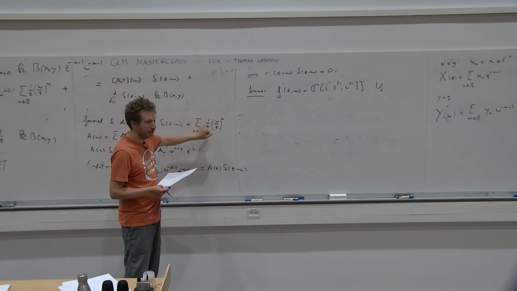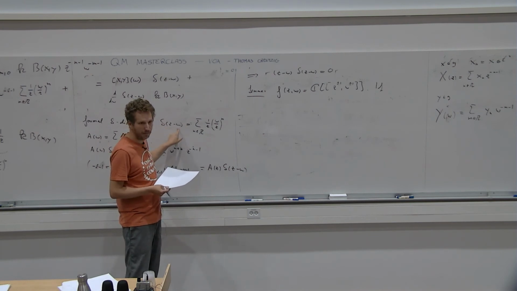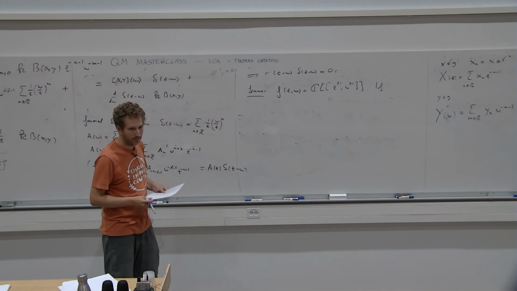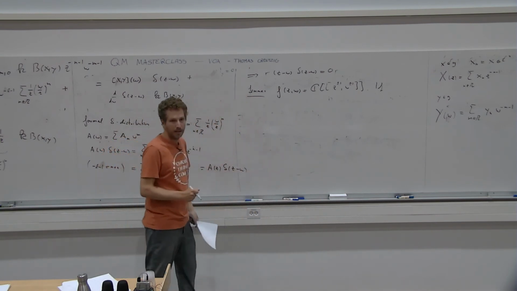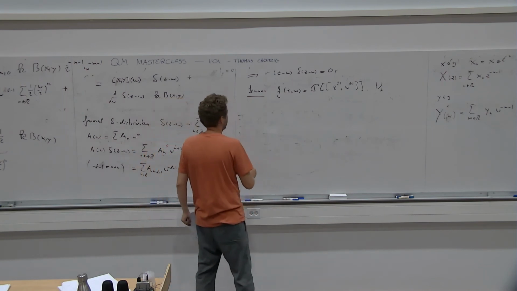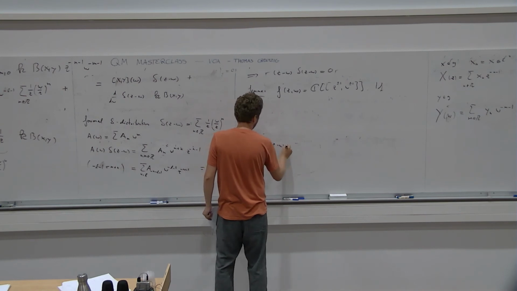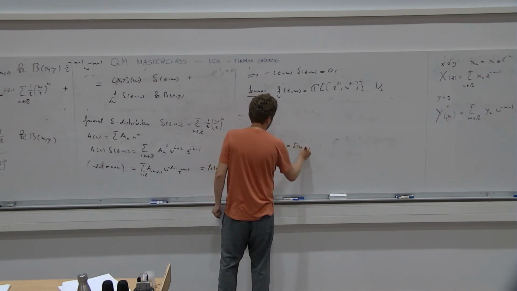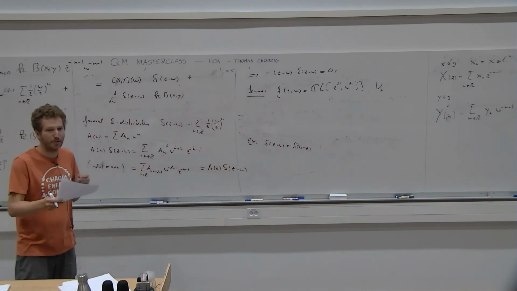And then if I do an additional shift by 1, by resumming, you see that delta of z minus w is the same as delta of w minus z. Okay, so that's maybe a good exercise. It's a very quick one. But yeah, good question.